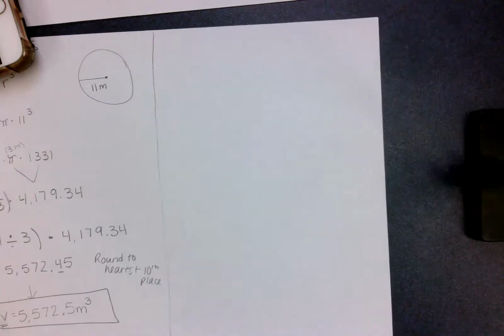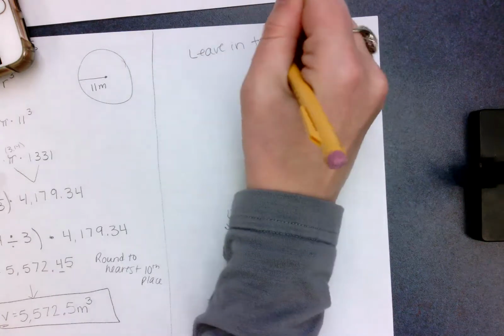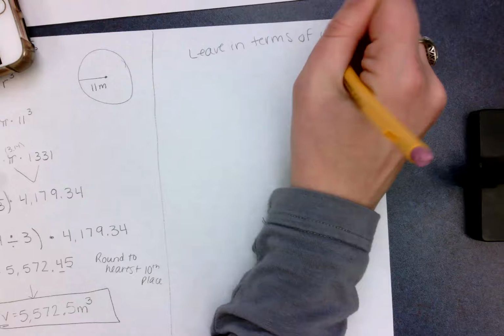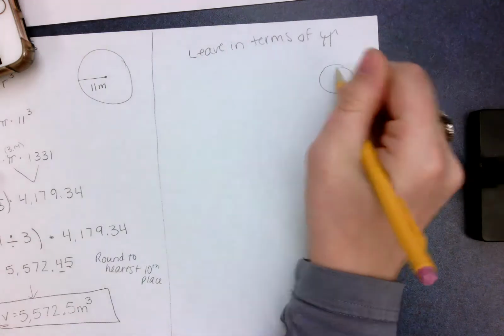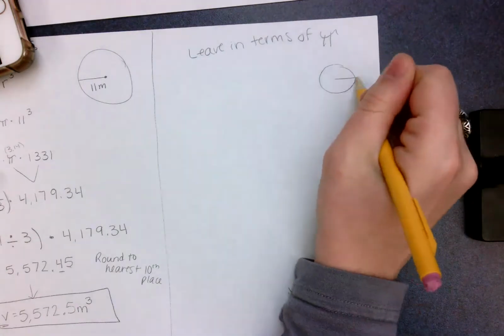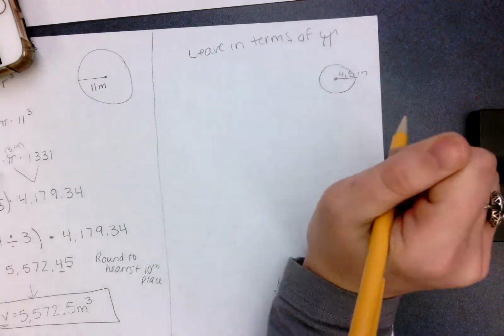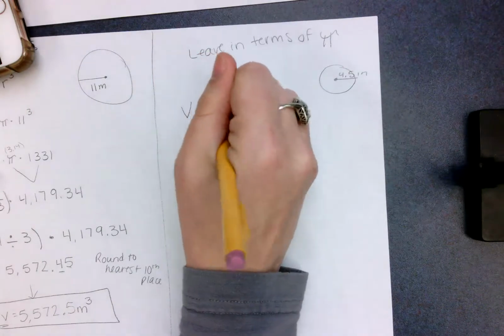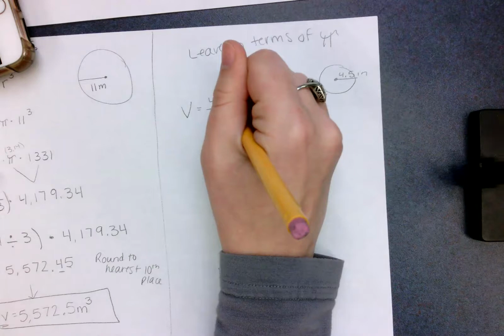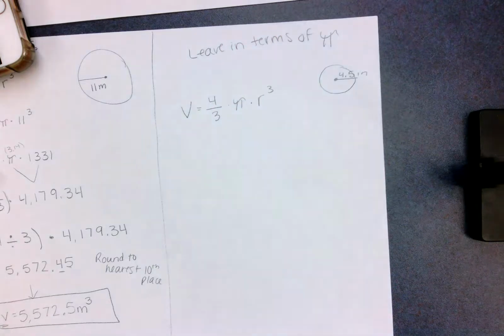And lastly, we're going to do a problem where we leave it in terms of pi. Okay, let's say you are given a sphere with a radius of 4.5 inches. Let's write down our formula. Volume equals 4 over 3 times pi times radius to the third.